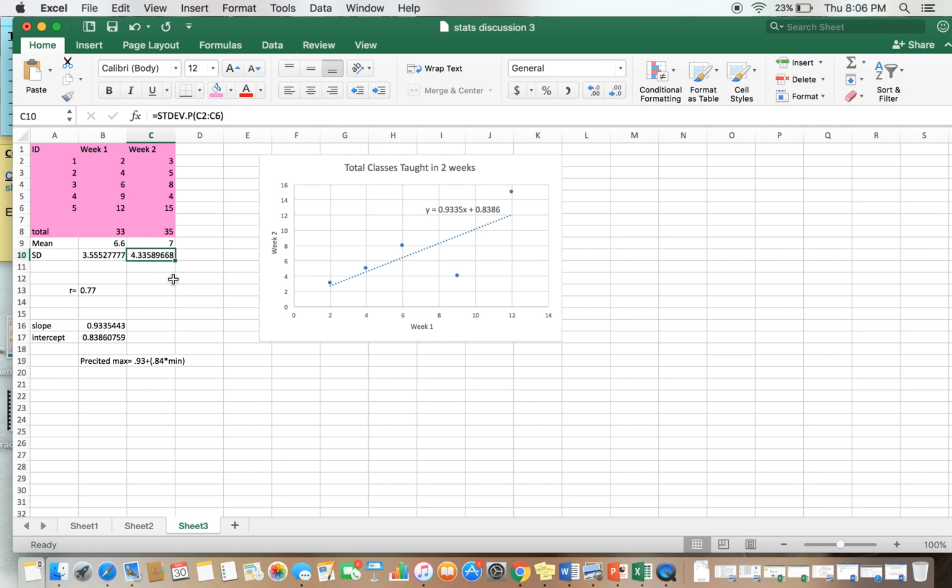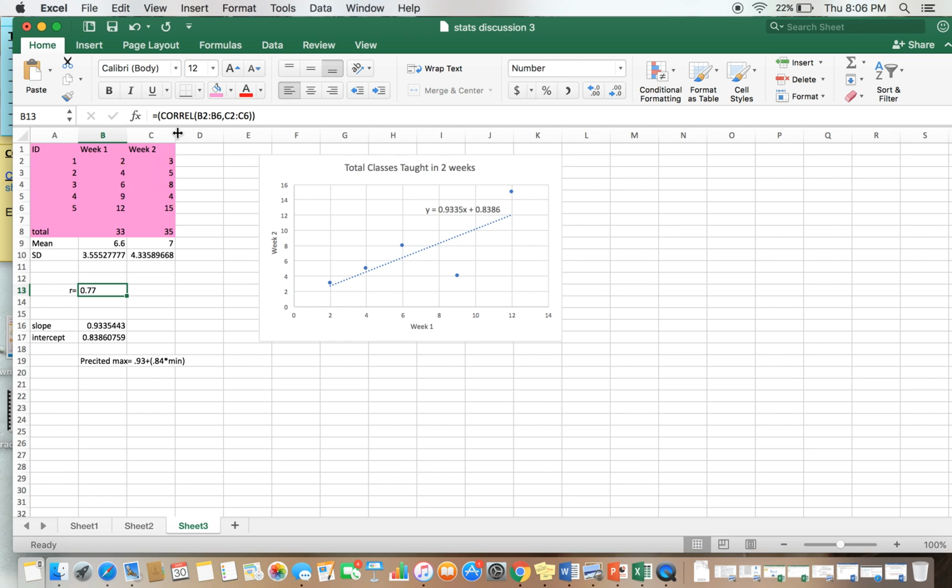Then using those numbers, I was able to calculate the correlation coefficient of 0.77. I did that by using the CORREL formula, and then using all of the data points B2 to B6 to get how we got our average, and then C2 to C6.